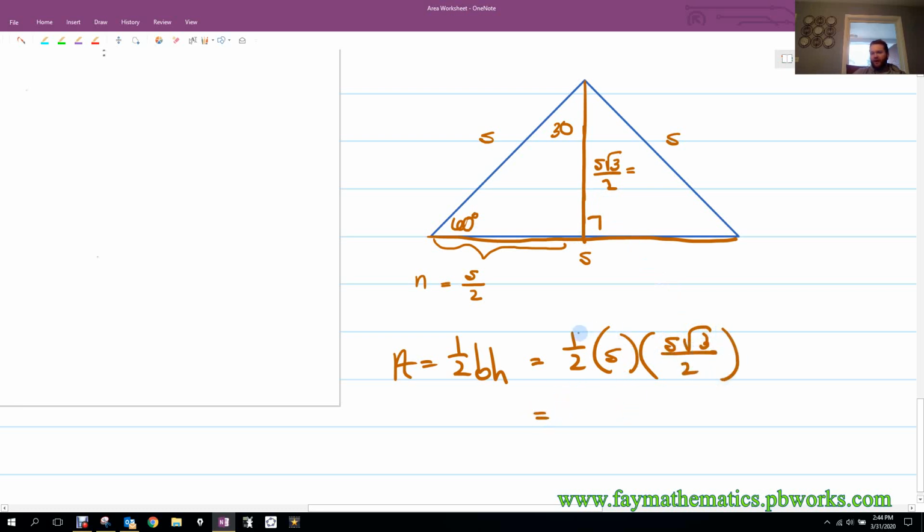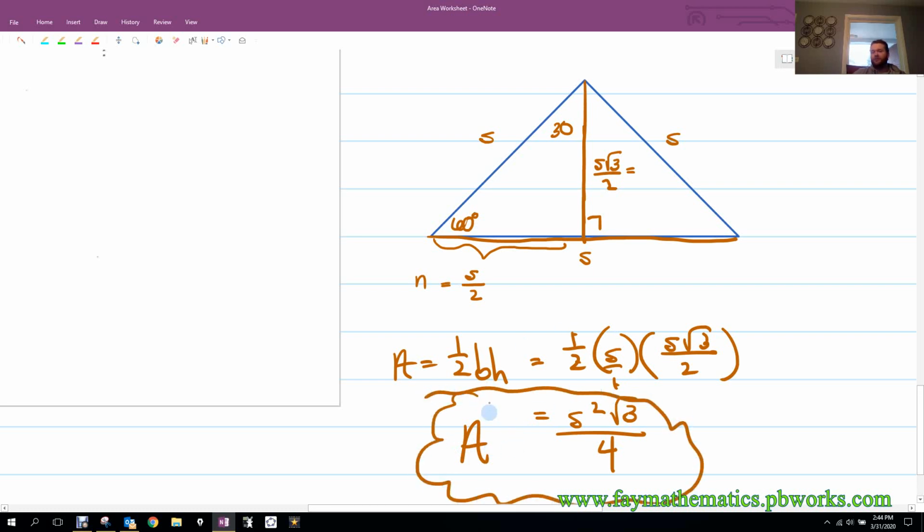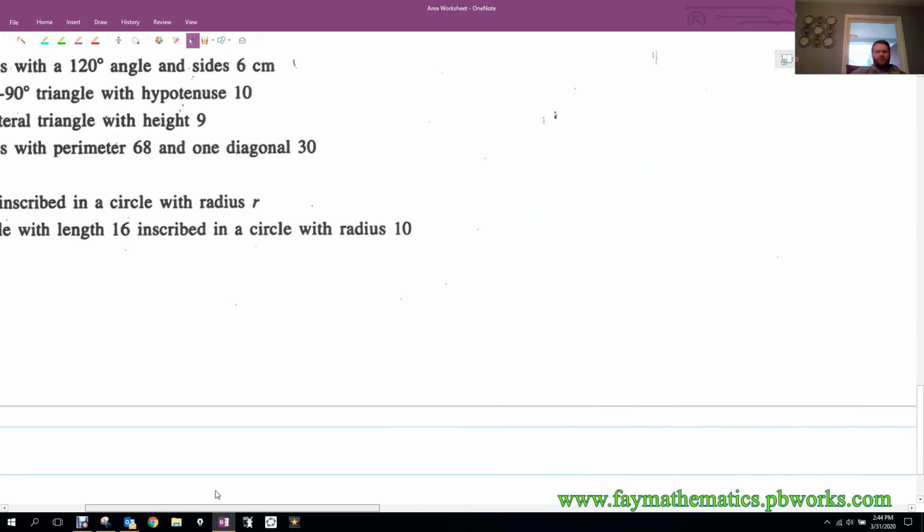If I multiply this all out, I get 1 times s, which is s squared, times radical 3, all over 2 times 1 times 2, which is 4. So that's the area formula for an equilateral triangle based off of knowing s. s being a side length. Okay, so that's a specific formula. It's generated by using 1/2 bh, but it's specific then to equilateral triangles.